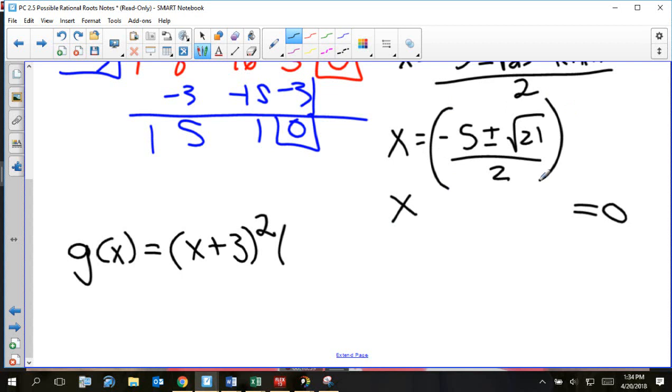No. Add's not the right answer, but you're closer than multiply. How do I make this side say 0? Subtract it. So I'm going to subtract -5 plus or minus square root 21 over 2.